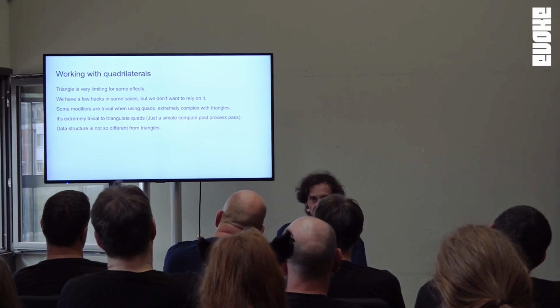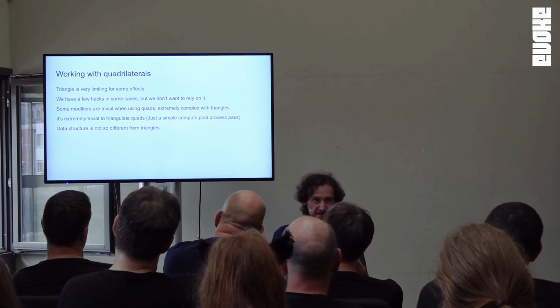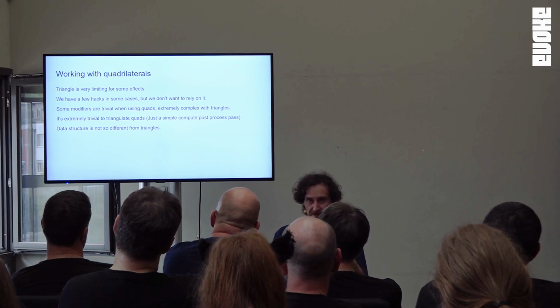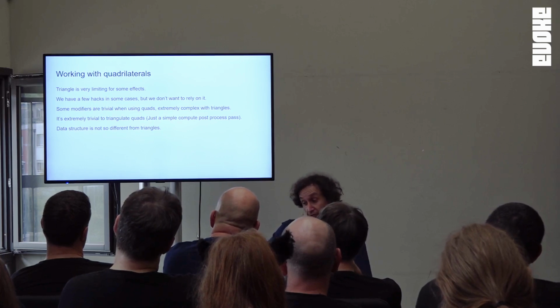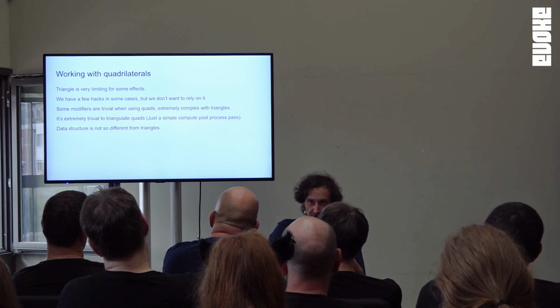You just have 4 points and you make 3 triangles out of it. It's like 10 lines of compute code, super straightforward. And the data structure is pretty similar to triangle. It's just that instead of having an int3 for indices, I have an int4. Wow, that was a 1 character change. That was great.